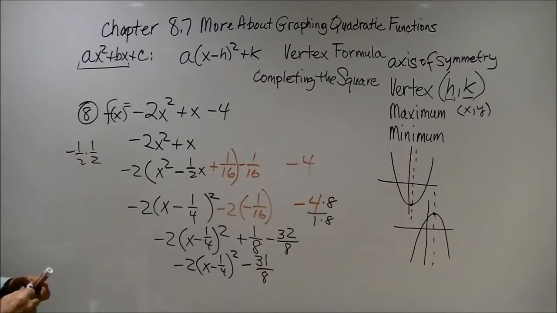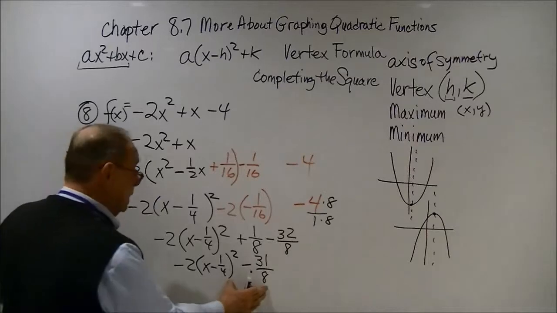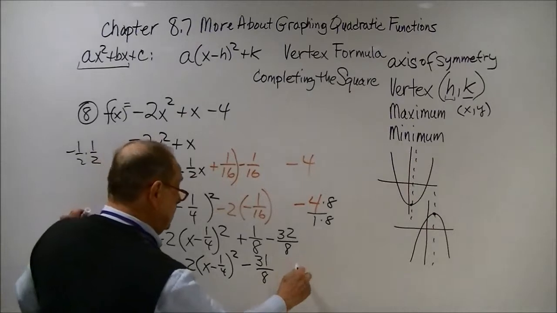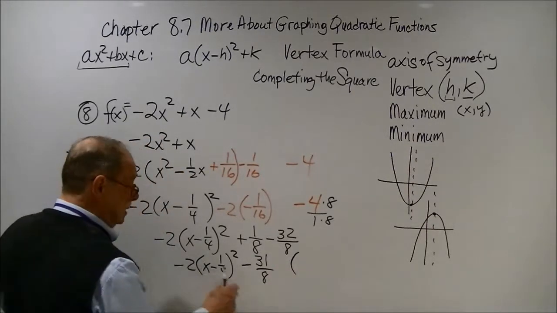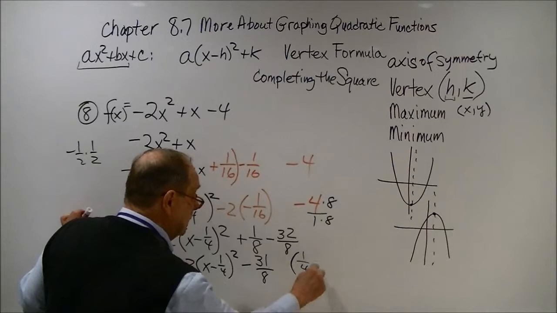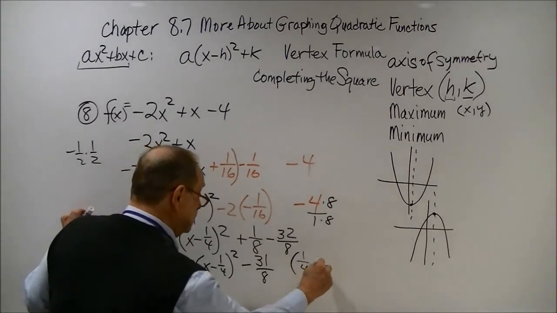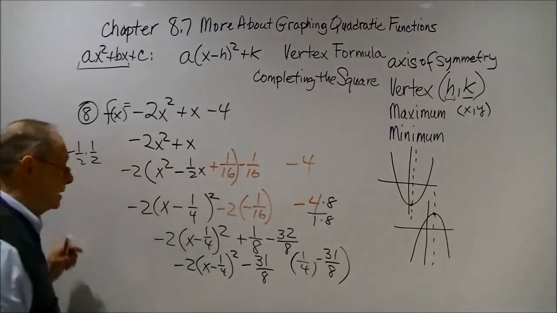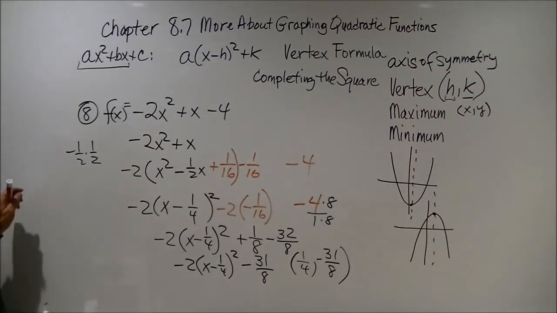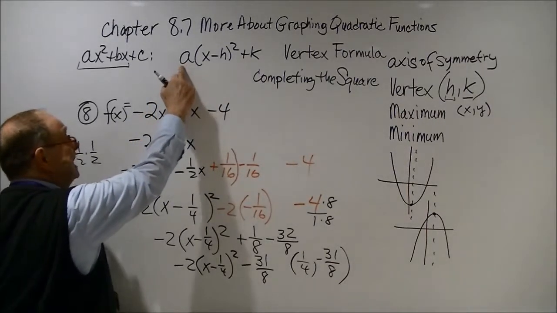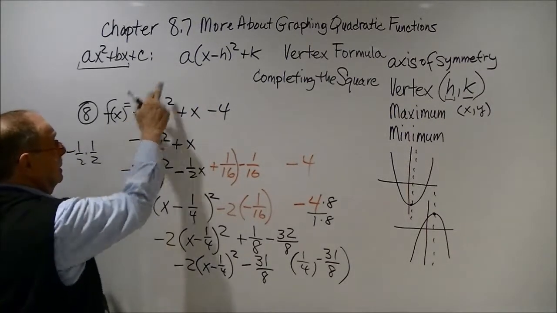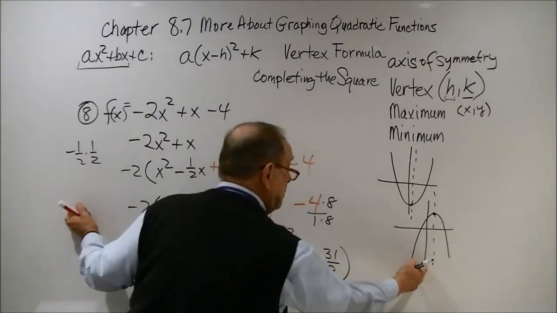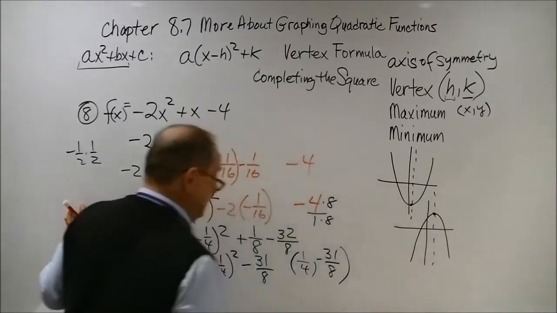And again, since it's in the vertex formula, what would the vertex of this parabola be? Well, it's going to be the opposite sign of this, 1/4, and this. Now, an interesting thing happens here. Since my A term happens to be negative, this is going to be a parabola that opens to the bottom.